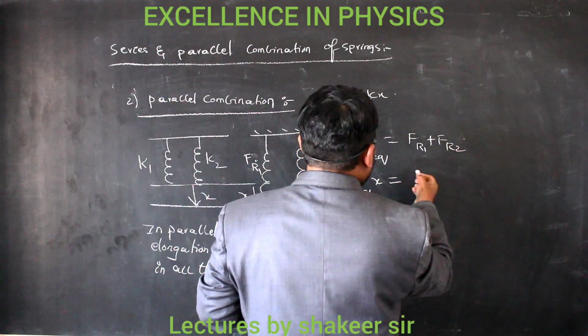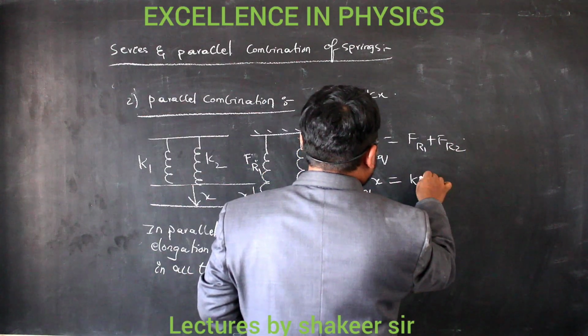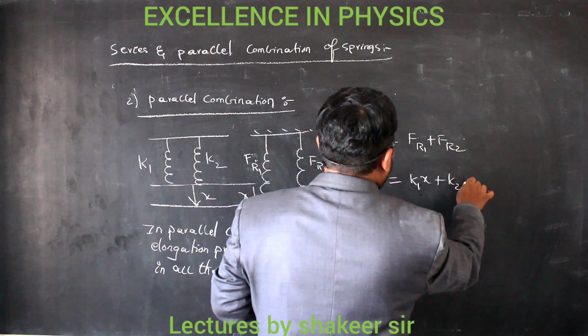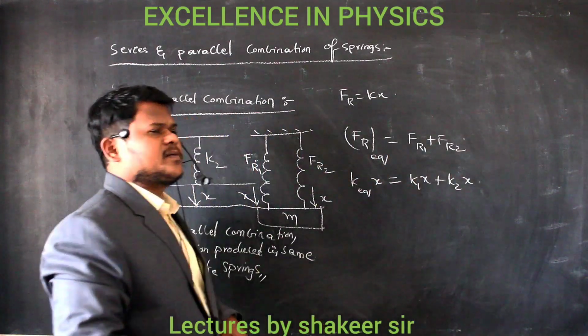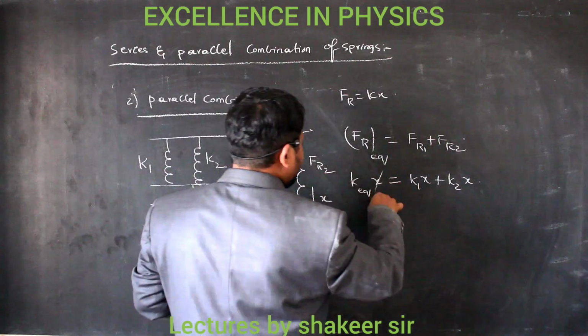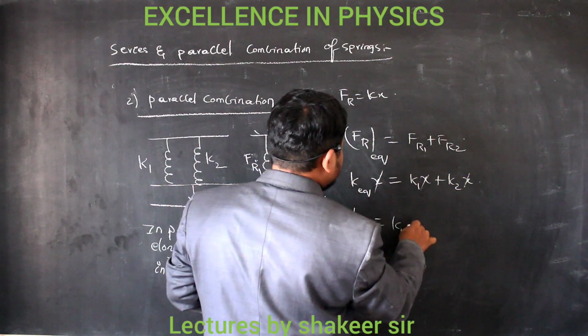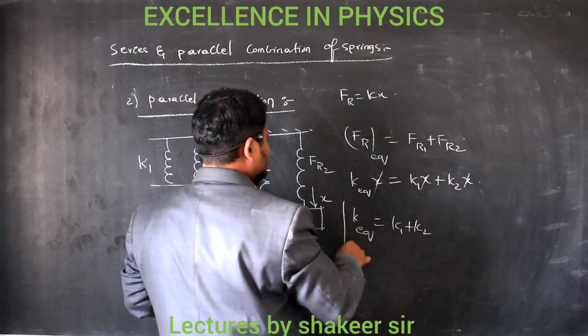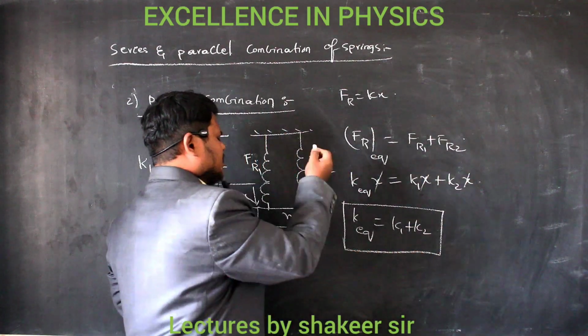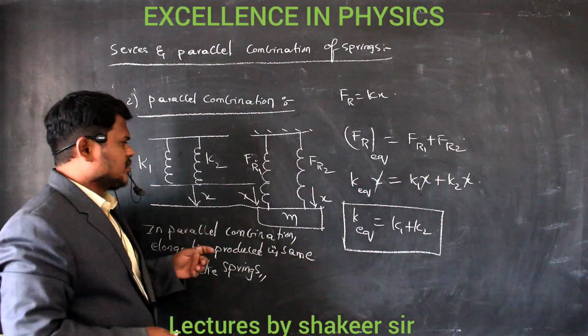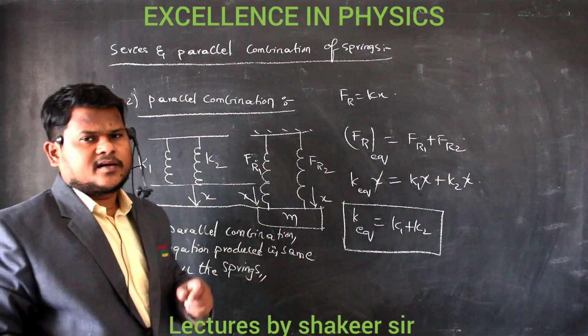Fr1 is K1 into X, Fr2 is K2 into X, because X values are same in all the springs. So X and X get cancelled. So I can write K equivalent is equal to K1 plus K2. So this is the total equivalent spring constant of this combination when springs are connected in parallel.